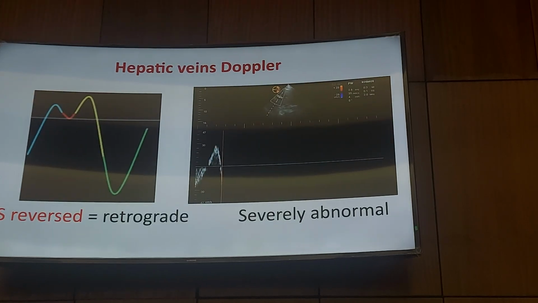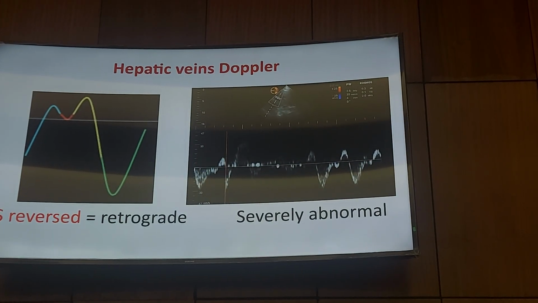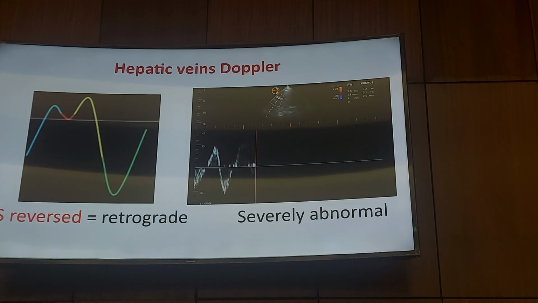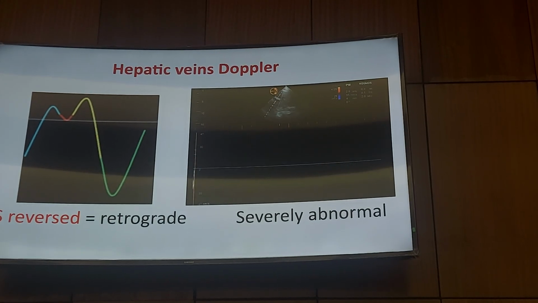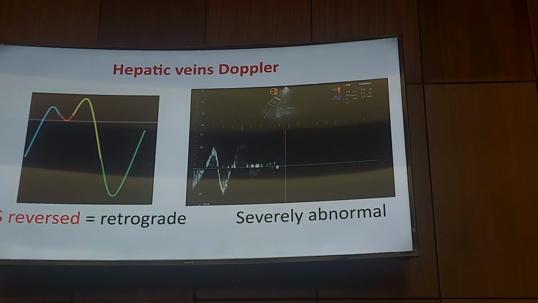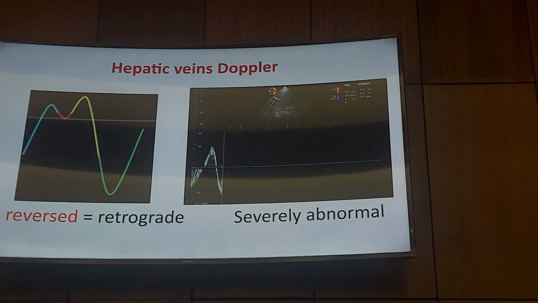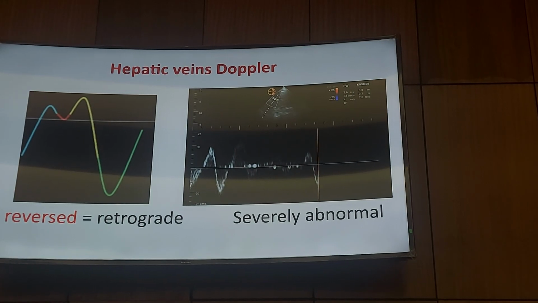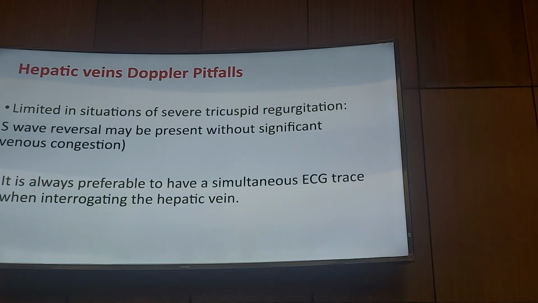Reversal. Excellent. And that is exactly what happens. When the right atrial pressure becomes very high, the point of reversal happens. So during ventricular systole, the flow goes backwards. And you have now a biphasic waveform, it's not triphasic. And if I have this waveform, I don't need an ECG because it is different. You have a classic biphasic appearance of the waveform.